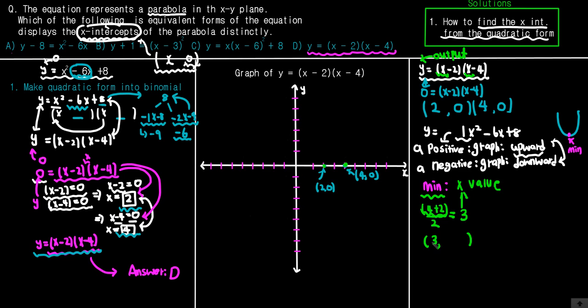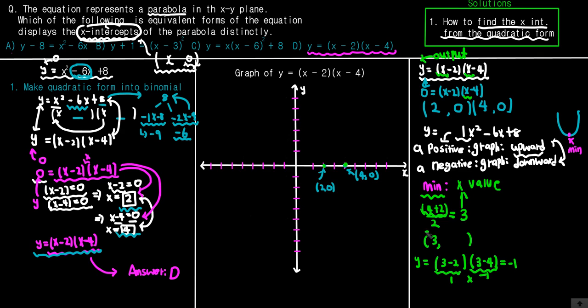So if you input the value of 3, y is equal to 3 minus 2, times 3 minus 4. This term is going to be positive 1, and this term is going to be negative 1, so 1 times negative 1 is negative 1.